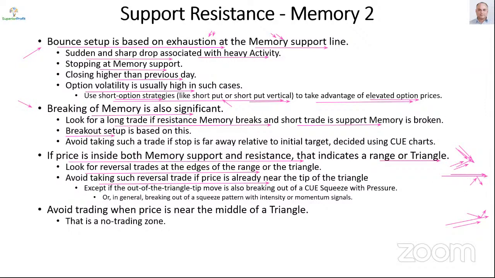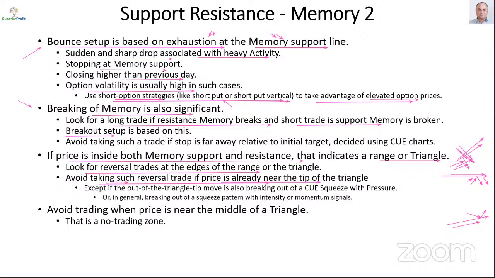Tip would be far into the future. So we may take reversal trades inside a triangle, but we will not take directional swing trades like go with flow trades inside the triangle. Instead, we may wait for a breakout. So we may take reversal trades or breakout trades, but we will not try to take go with flow trades inside the triangle.